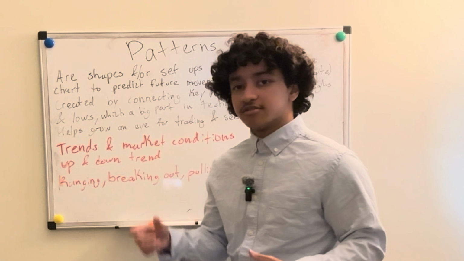So we have to understand what patterns are. Very simple. Patterns are shapes and or setups you can see on the chart to predict future movement. These shapes help you predict future movement, but you have to understand that the market is very, very unpredictable.